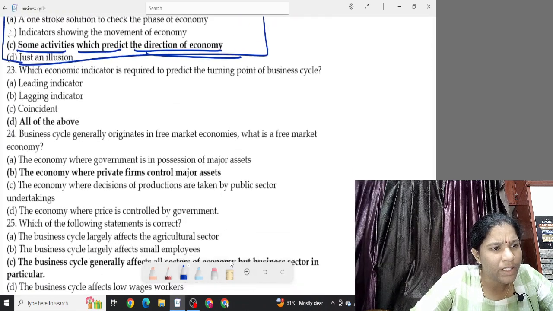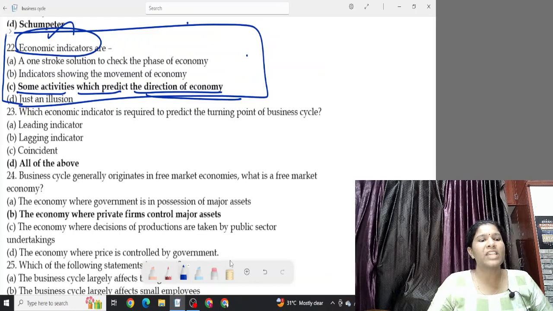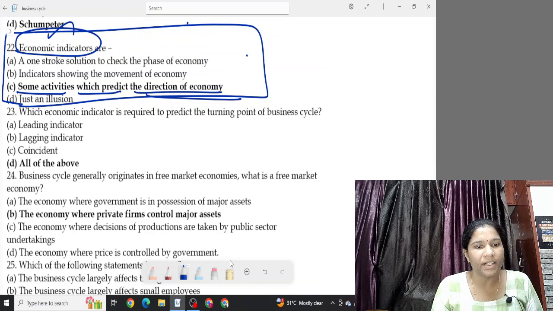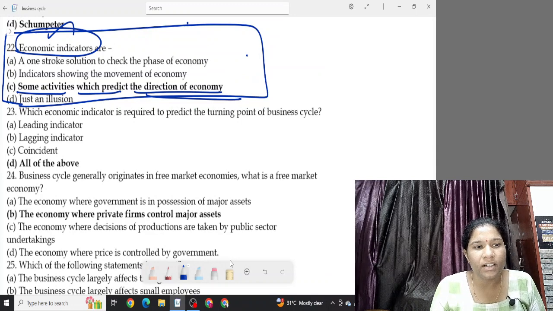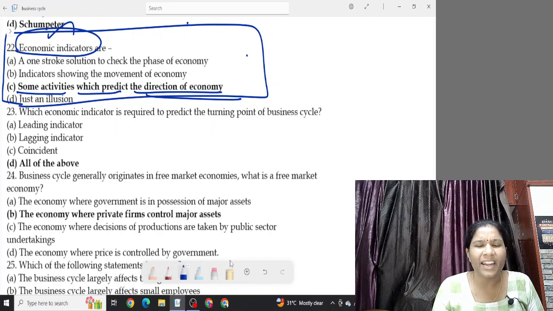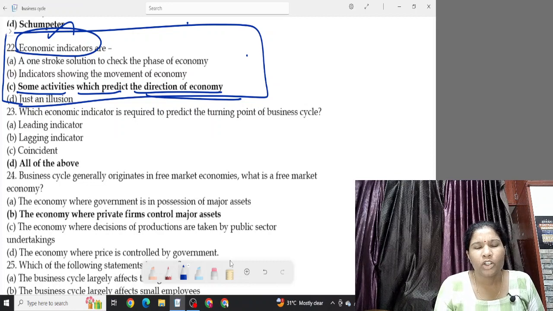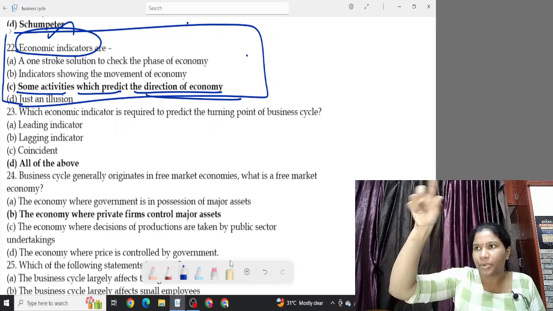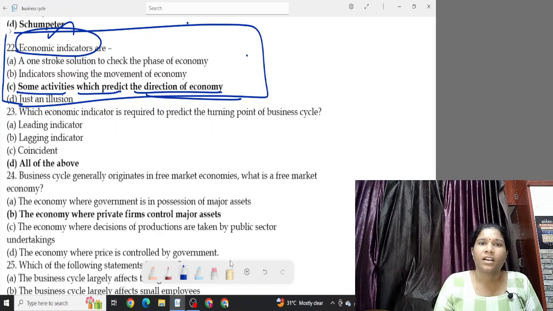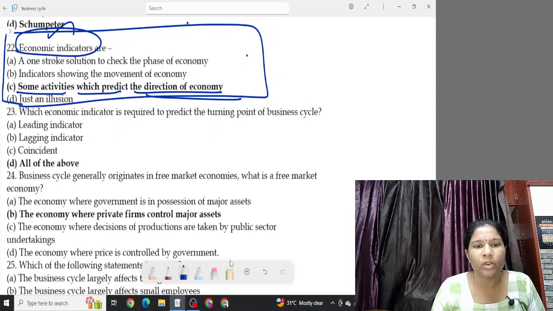Question 23. Which economic indicator is required to predict the turning point of business cycle? All indicators are necessary to show when it is going to turn from up to down or down to up. For that, you need leading, coincident, and lagging, everything, to predict.